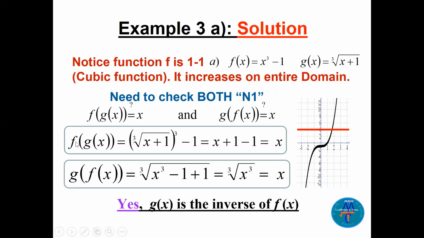We say f of g, we just take g and replace it in the function f, cube it, and it becomes x plus 1 minus 1, which is x. Yes, we have to continue. g of f of x is the cube root of x cubed minus 1. We replace it inside, so it becomes the cube root of x cubed, which is always x. So yes, g is the inverse of f.